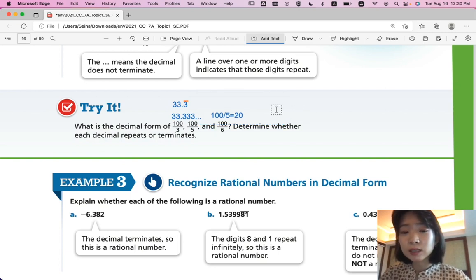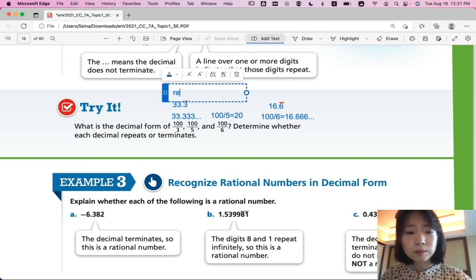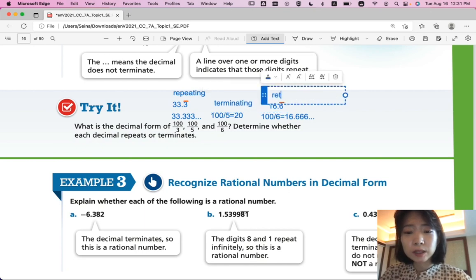So that is a terminating decimal, or rather a whole number. And 100 divided by 6 is 16.6666 repeated. So you will have 16.6 with a bar here. Okay? So this one is repeating, and this one is terminating, and this one is repeating.